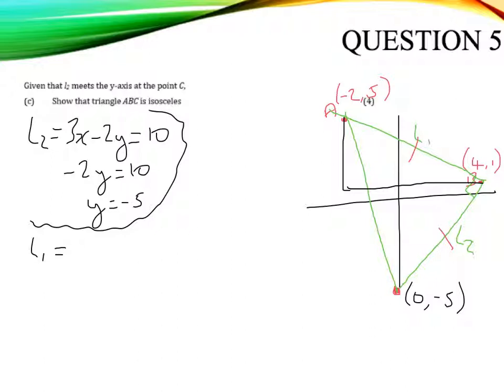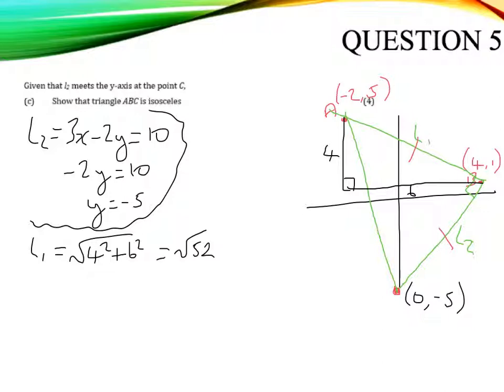We remember before, when we were working out the gradient, that the height of this right angled triangle went from 1 up to 5, it was 4, and along the bottom it was 6. So we're going to do the square root of 4 squared plus 6 squared, which is going to be 16 plus 36, root 52, if I've worked that out right, hopefully I have. 16 plus 36, yeah, 52, root 52. So the length of L1 is root 52.